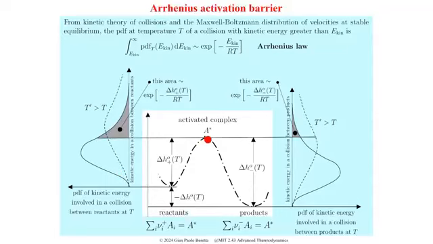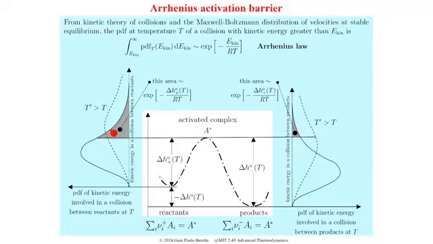In order for a chemical collision to be effective, we need that it has at least this much kinetic energy so as to climb up here. So all the collisions that have energies above that are good.